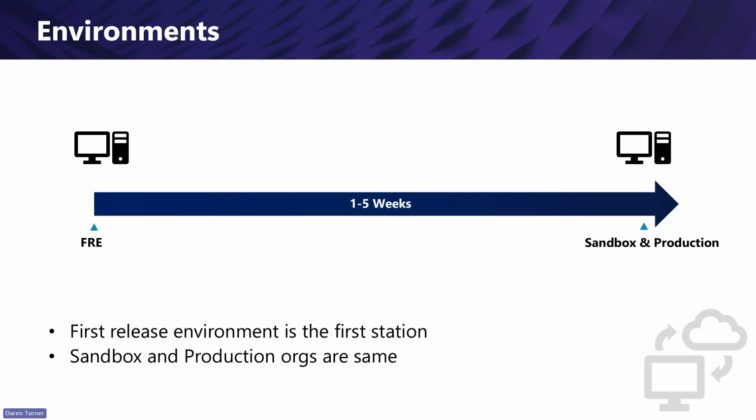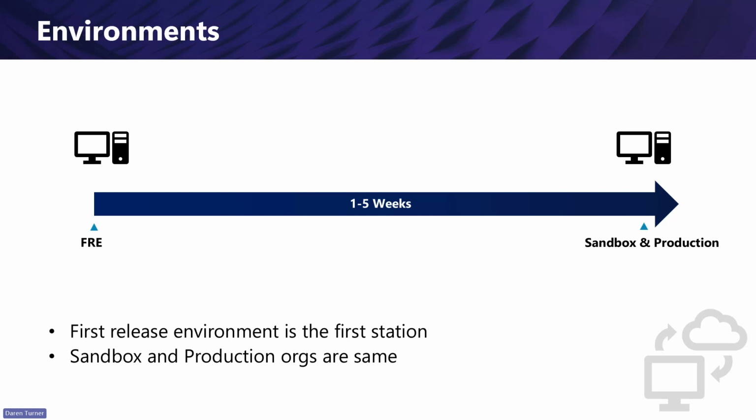And I'm going to show you some online documentation a little later, talking about environment strategy, and then talk about the versions and things like that. But I really want to touch base on the difference between what we call our first release environment and our sandbox and production environments. So first release environment is available to some customers, depending on your implementation.